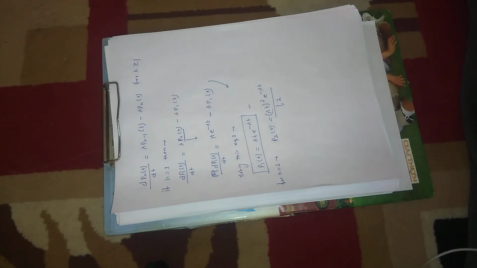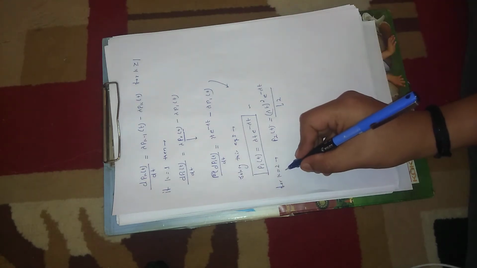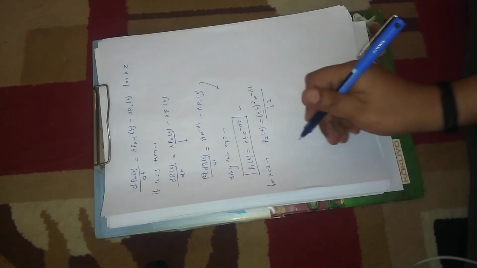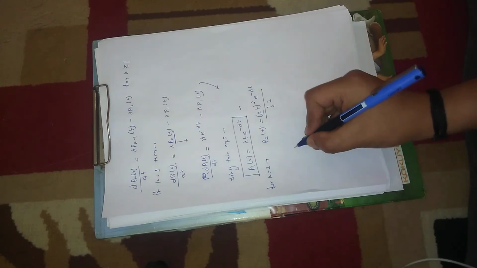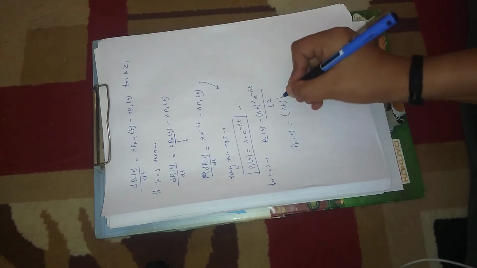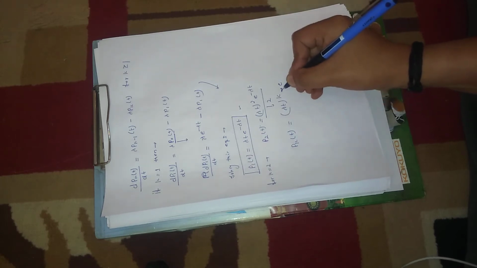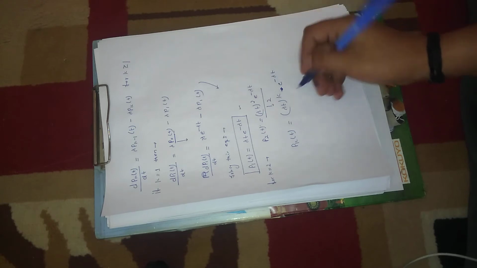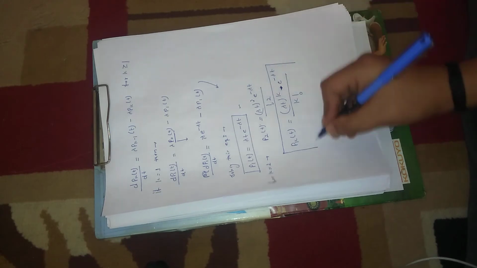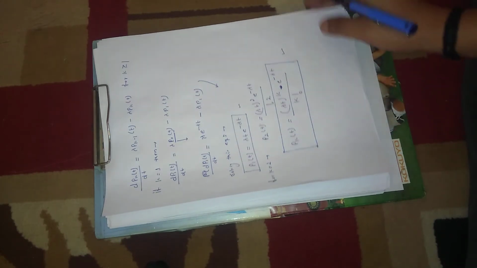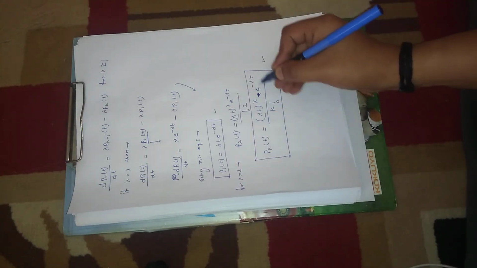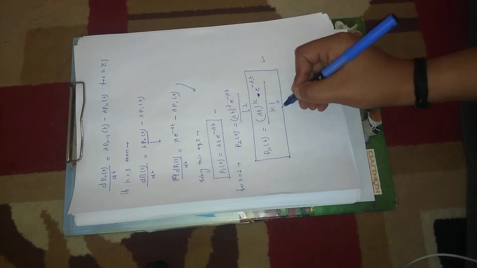Similarly we put k equals 3, 4, 5. Finally we get the general solution for this equation: p_k(t) equals (lambda t)^k e^(-lambda t) upon factorial k. After solving all the equations, we get this.